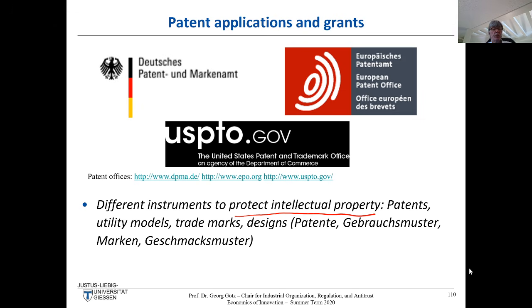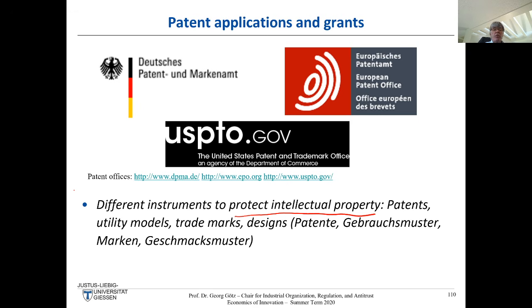You cannot simply put this trademark on your own black soda. And Geschmacksmuster is also similar. This is like design. If you have a certain car with a certain shape, you might also have a design. It's not a patent then, but it's a Geschmacksmuster. Okay, so somehow clear, hopefully.